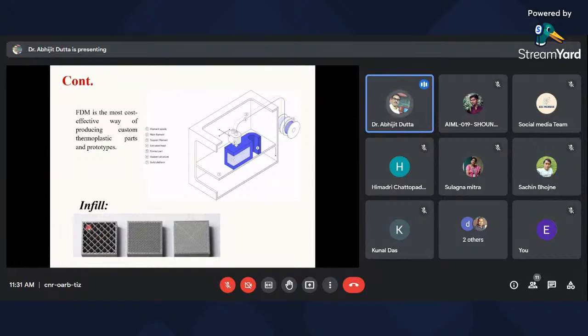Here, we are using square infill instead of this honeycomb structure. Other types of meshing, such as triangular infill, are all possible to give good strength to the printed product.